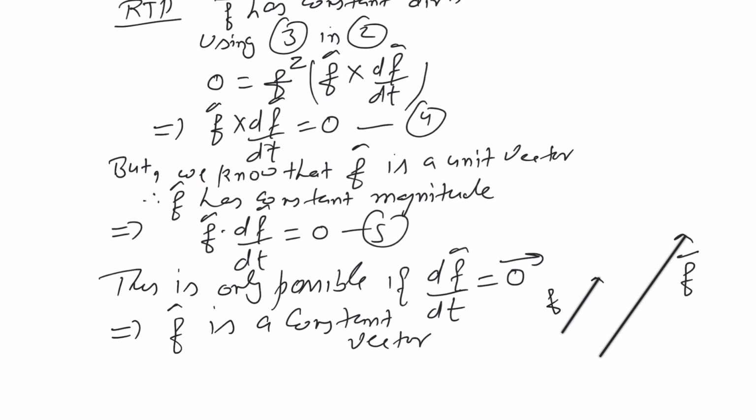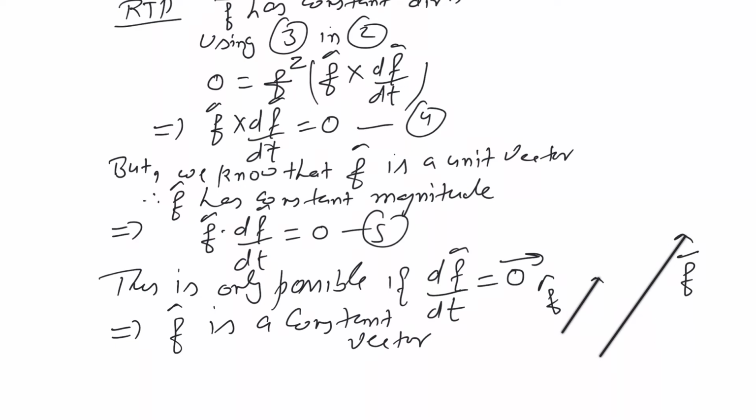Now we have arrived at a point where f cap is a constant vector, meaning its magnitude was already constant 1, and now its direction is also constant, and it is parallel to f, so I can say that f vector also has a constant direction.